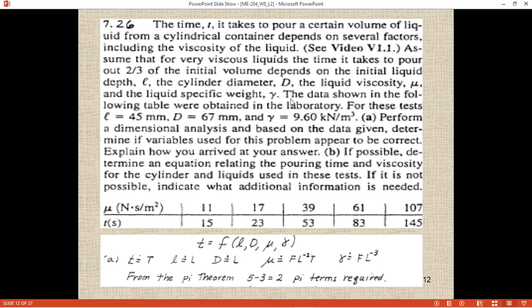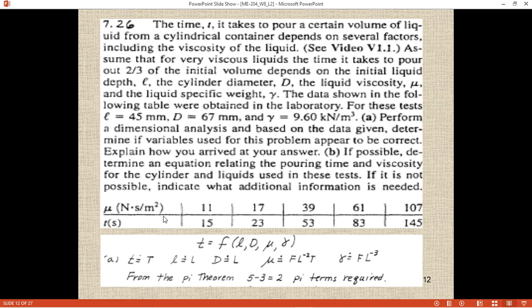The data shown in the following table were obtained in the laboratory. For these tests, L is equal to 45 mm, D is equal to 67 mm, and gamma is equal to 9.60 Newton per meter cube. So the data is taken with these initial values given.